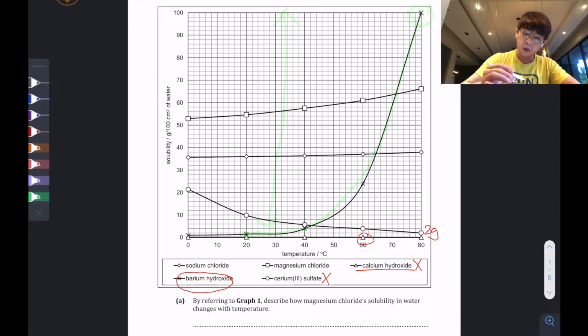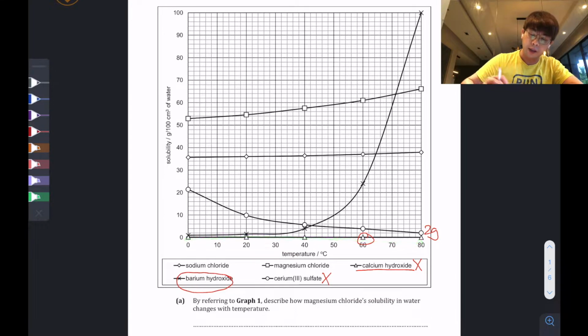So the best will be barium hydroxide. Not so good will be these two. But what cannot be purified by crystallization would be the circle, cerium sulfate, and the triangle, calcium hydroxide.